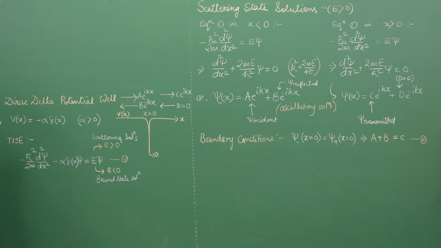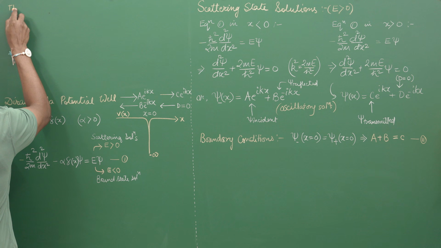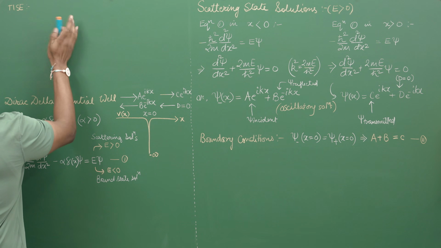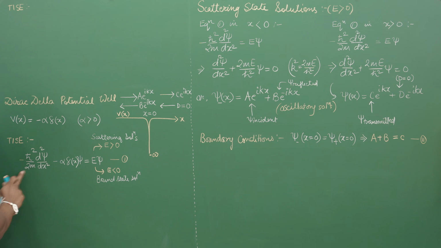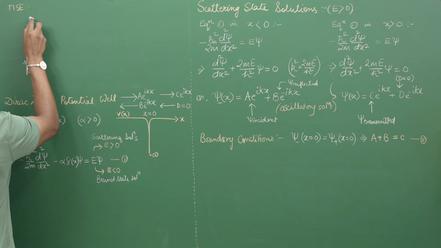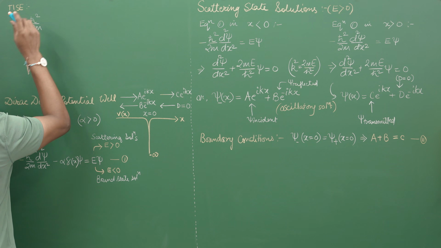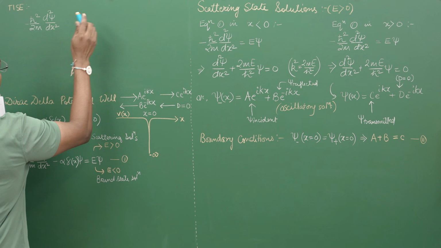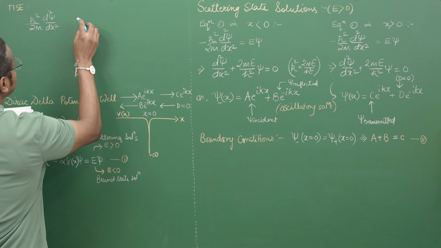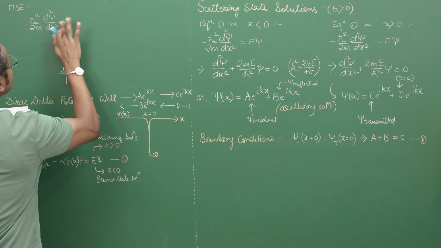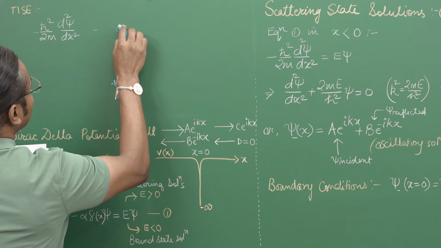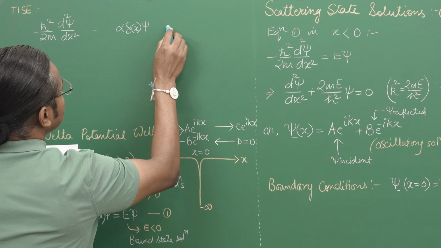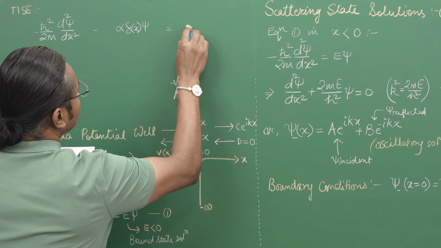So again, I'm going to look at the time independent Schrodinger equation that I have, but in this case I will look at the original Schrodinger equation, which is minus h cross square upon 2m, and then you have d2 psi upon dx2, and then you have minus alpha delta x psi is essentially equal to E psi.